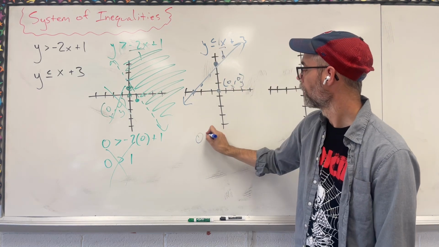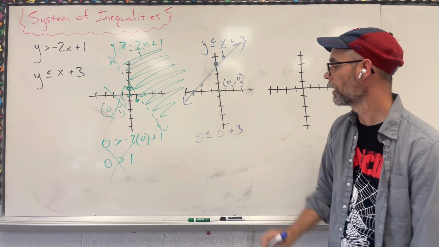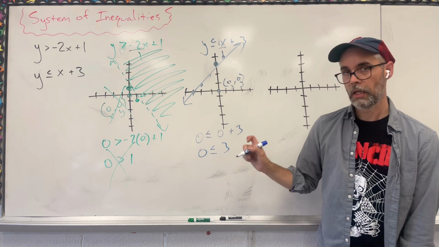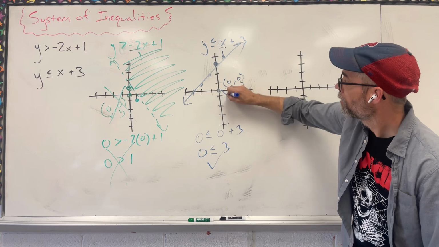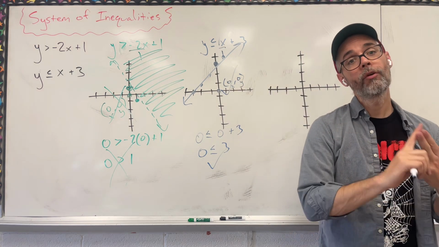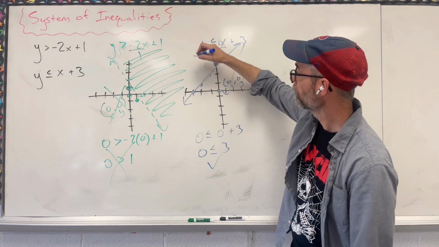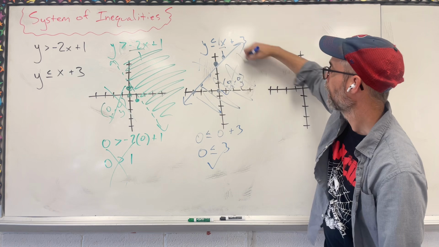Is 0 less than or equal to 0 plus 3? Is 0 less than 3? Yes, this statement is true. I like that. So that means this side is true. Because you have only two options, true, false, this works. This side is false. That's not the answer. So we shade in our true side.